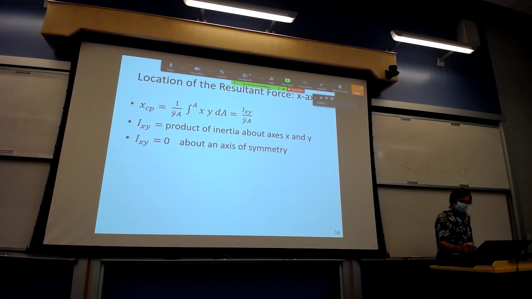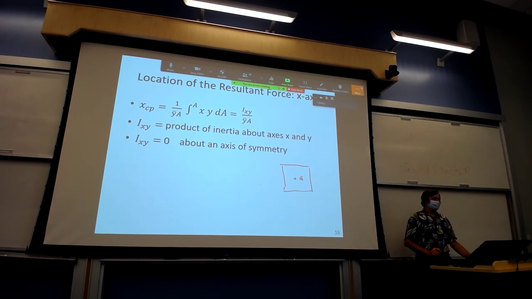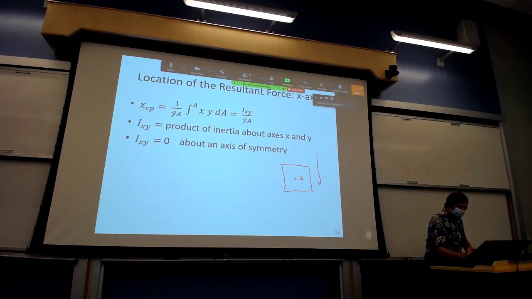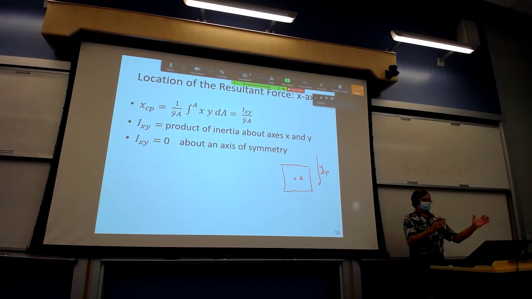Typically we have symmetrical objects. Let's say we're going to put in a square gate. Here's the center of area for the gate. We can calculate where ycp is for this gate, but now we're trying to figure out where it acts laterally on this gate.